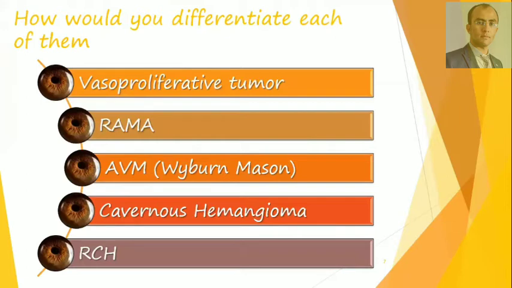The vasoproliferative tumor usually will be in the extreme periphery, would be a yellow lesion, and won't have any feeder vasculature. Similarly, the retinal arterial macroaneurysm will be located on an arteriole and won't have a draining vein, unlike our patient. So there will be no pair of vessels feeding or draining the lesion.